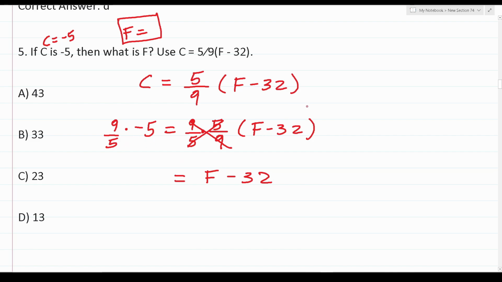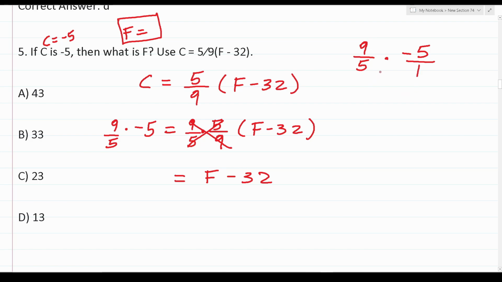9/5 times -5. Well, that's not that difficult to do. And I'm going to do it off to the side over here. We have 9/5 times -5. You can see that we're multiplying a fraction by a whole number. In order to proceed, I want to write this whole number as a fraction as well. So I'm simply going to place it over 1.